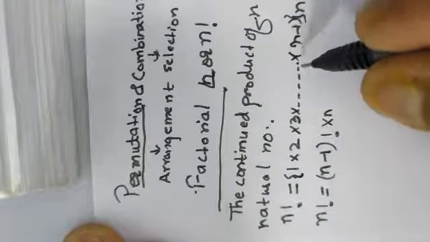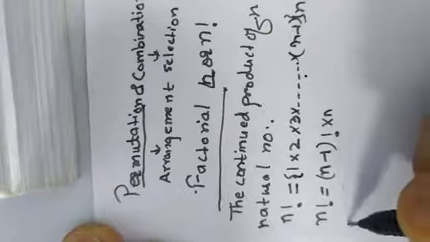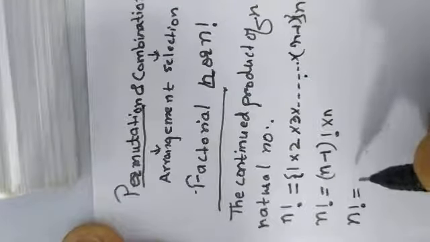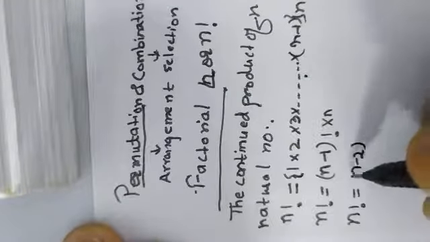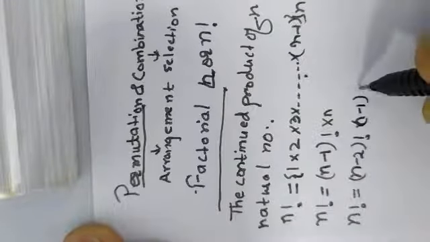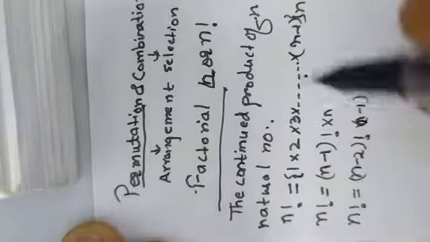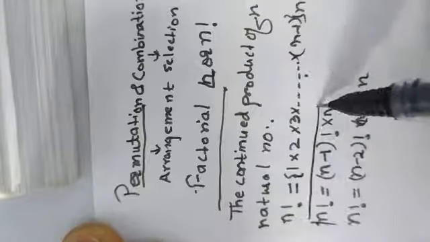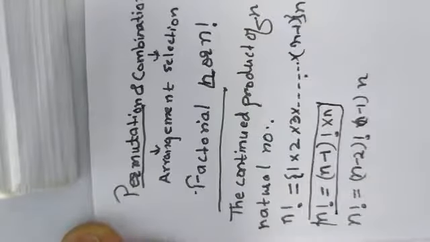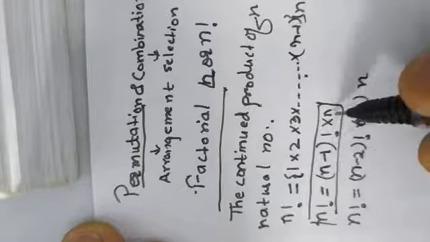If I shift it one term left, I get n factorial also equals n minus 2 factorial into n minus 1 into n. Now, this is a very important relation. Why am I saying it is important? Because n factorial equals this.